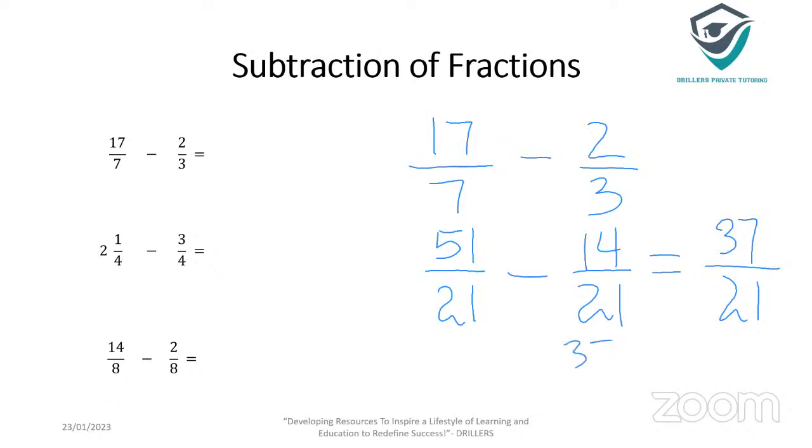And now we just have to simplify because it's an improper fraction. So we want to make it a mixed number. So we know that 37 can be divided by 21. So 21 can go into 37 one time with a remainder of 16.